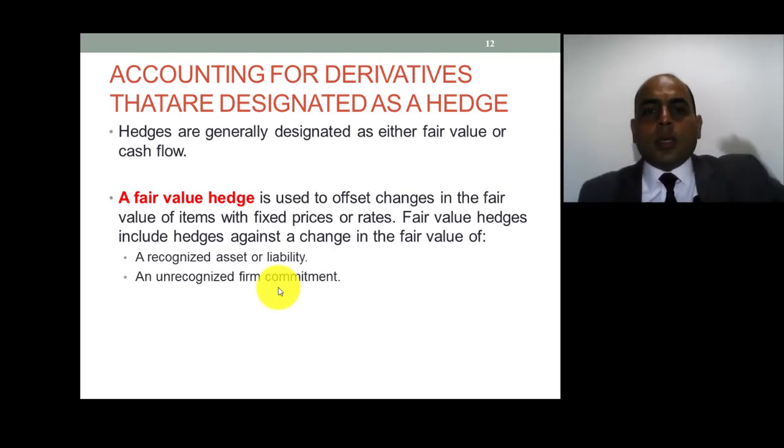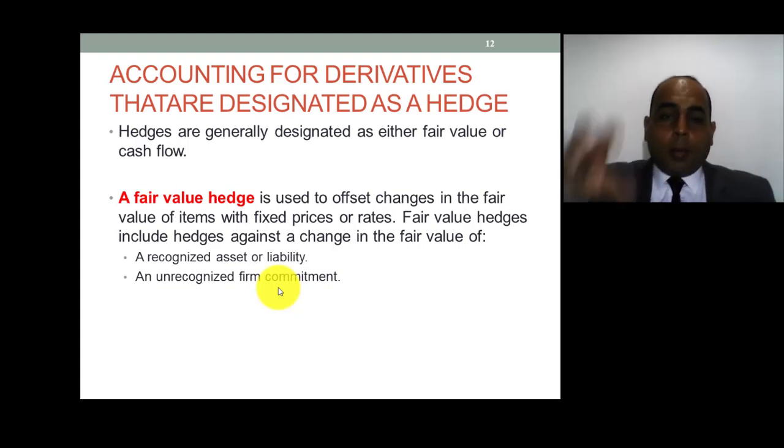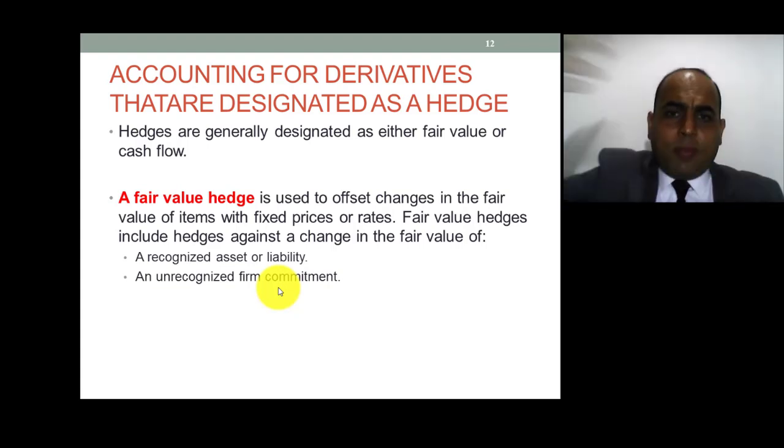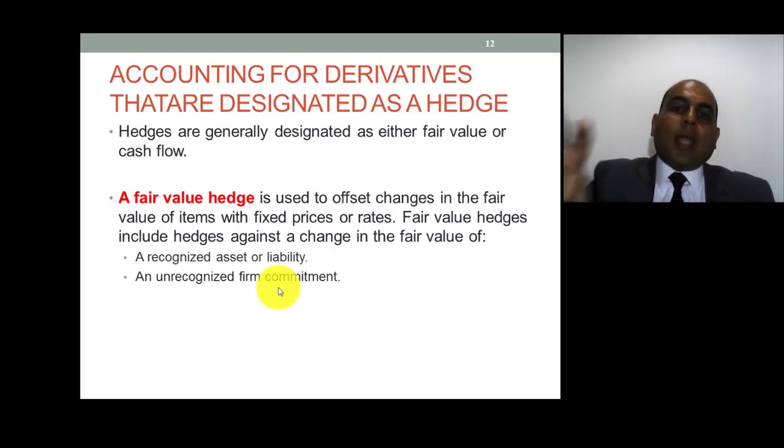For example, suppose we entered into a future contract to buy corn at $2,000 per ton, and this contract will be executed after 3 months.